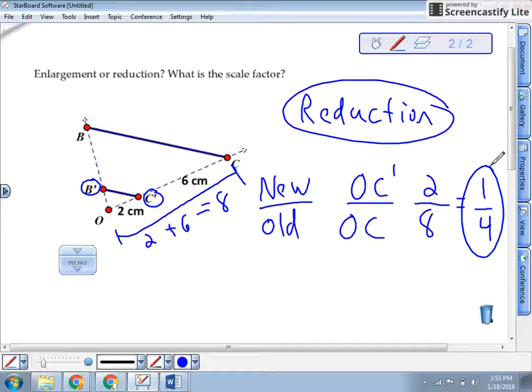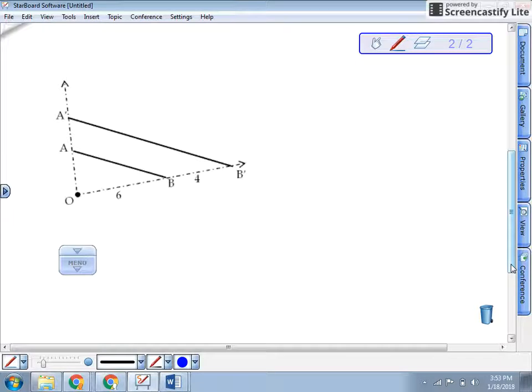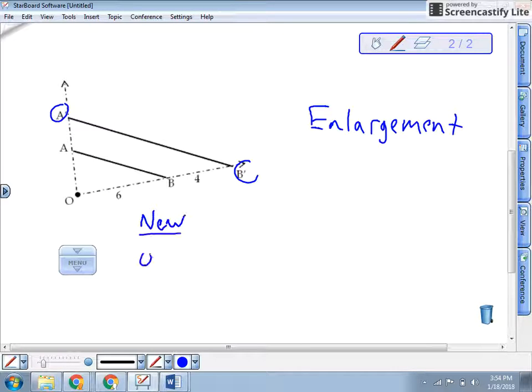One more of those just for good practice. All right, tick marks. Here they are. You can see it got bigger, so this is an enlargement. Now let's find the scale factor. Again, new over old. So let's see what segments we're going to use here. We're going to use the new, from O to B prime this time because those are the values they give us.